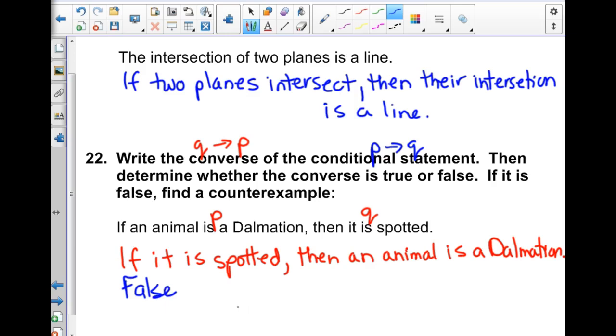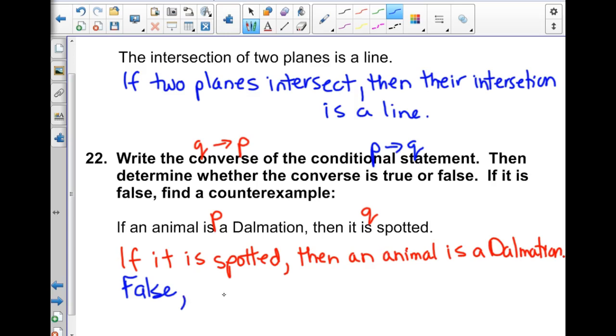Although that's a correct statement, you have to give a counterexample. You have to give me an animal that's spotted that's not a Dalmatian. You have to make the if part true, a spotted animal, but it's not a Dalmatian. And by the way, if you had written if an animal is spotted, then it's a Dalmatian, that's correct as well. It means the same thing.